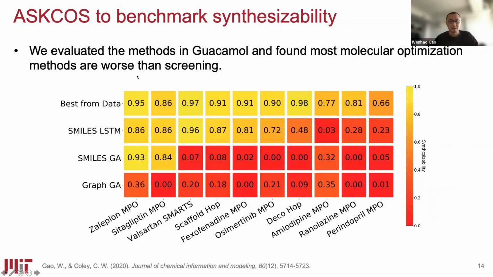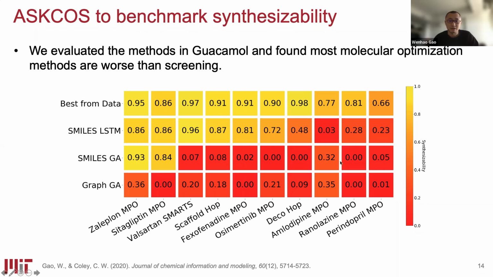So based on ASKCOS, we evaluated the de novo design methods in GuacaMol. And here, the baseline represents the virtual screening from Campbell. And the color represents the synthesizable fraction of the top 100 suggestions. We ran experiments for 10 different objective functions in GuacaMol to simulate the process of drug discovery. And we can see all of the methods have a pretty high risk of proposing unsynthesizable chemicals.